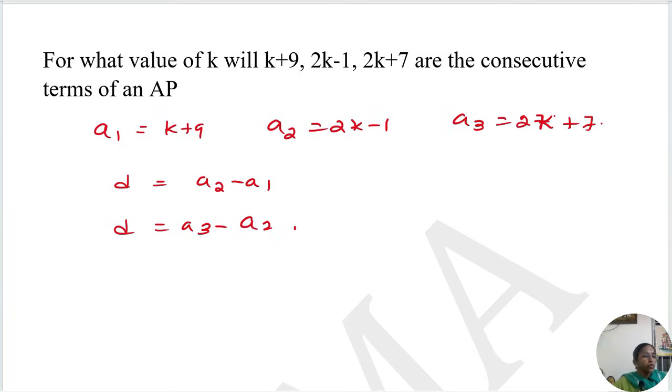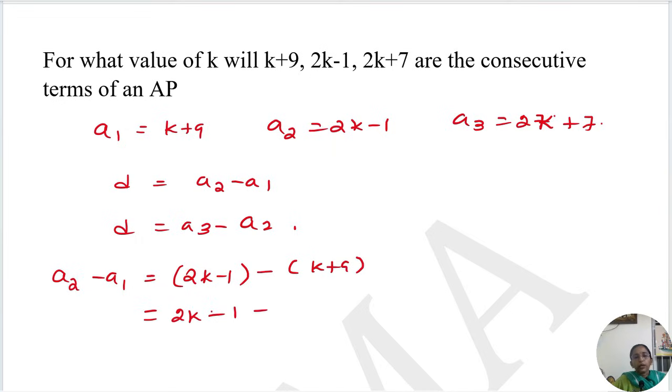So we can equate these two. So A2 minus A1: 2k minus 1 minus (k plus 9). So 2k minus 1 minus k minus 9, which is equal to k minus 10.